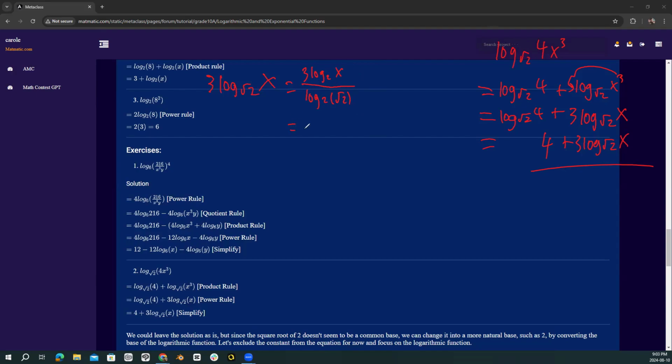And from here, essentially, we can just start simplifying. First, the square root of 2 can be written as 2 to the power of 1 over 2 in exponential form.